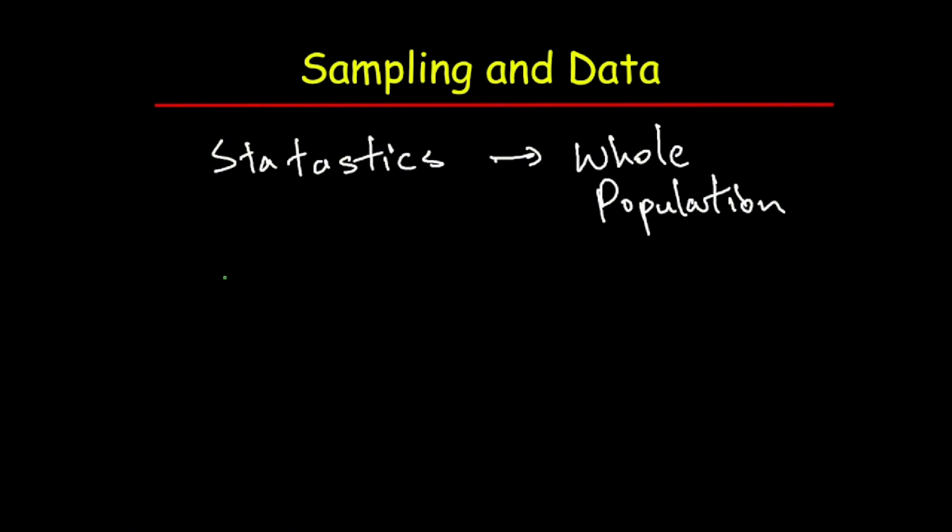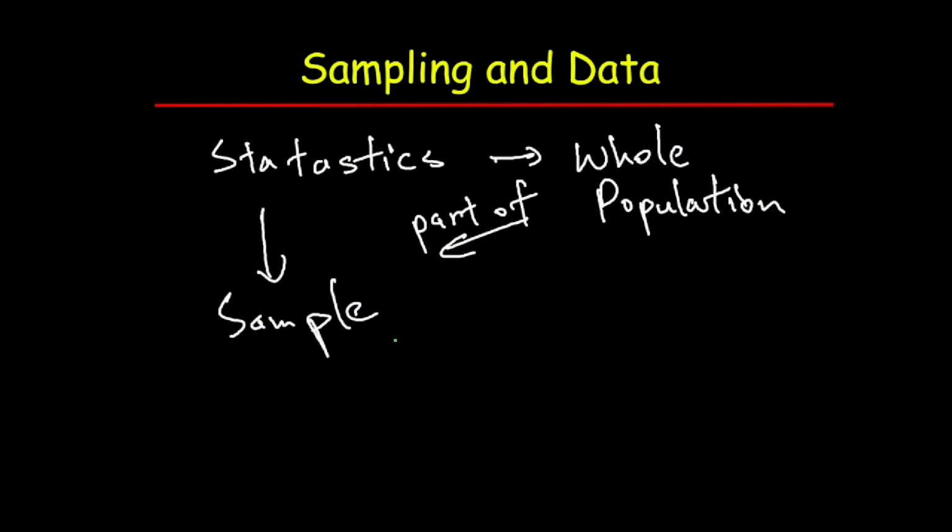Instead, maybe we select some random people or we select a class. So what we do is we take a sample, and this sample is part of the whole population. And then, based on the data we collect here from the sample, we can make inferences back at the whole population. And that's basically what statistics is.